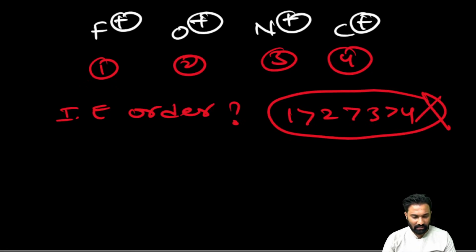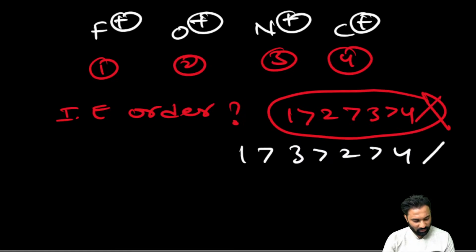1 greater than 3 greater than 2 greater than 4 is also wrong. Next, any other order?